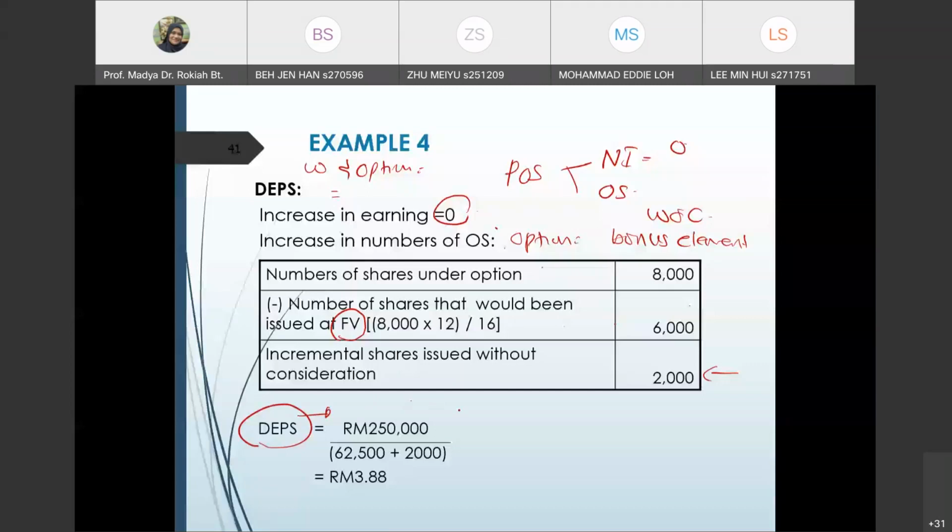So the POS that you have here is 2,000 plus the existing, plus that already converted to the ordinary share. So we're going to have 6,450 divided by 6,450 ringgit and 88.